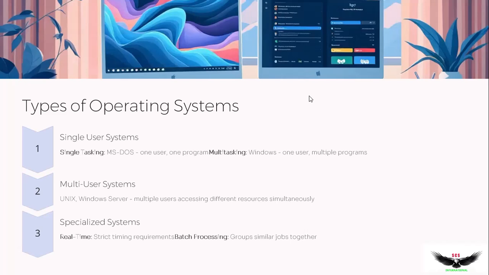So under single user systems, we can have two, single tasking and multitasking. Under single tasking, one person uses a computer and one program is used. Under multitasking, like Windows 10, Windows 7, it's one user, but he may handle many programs.